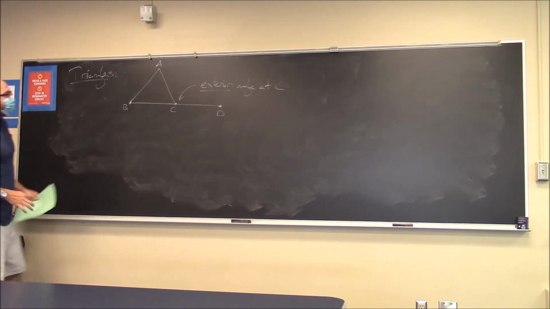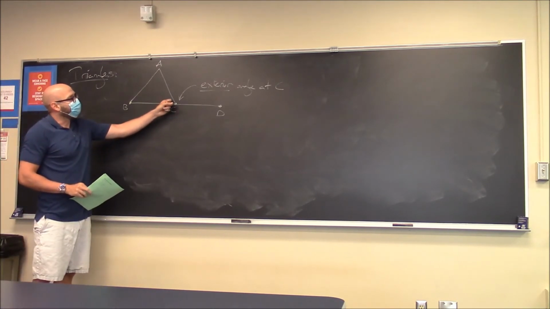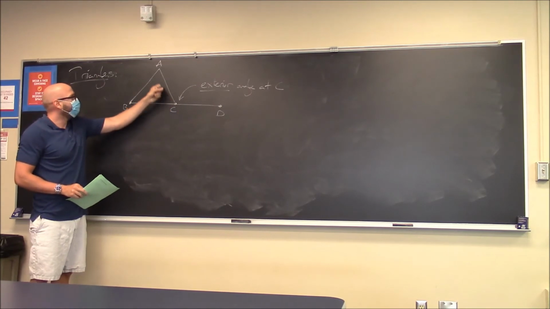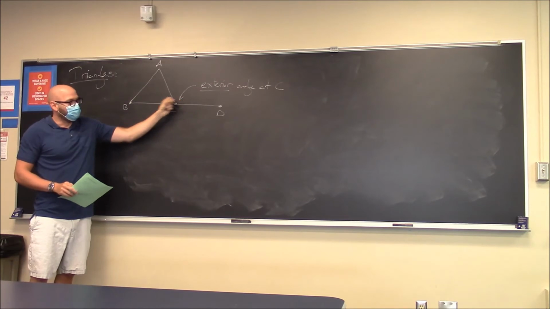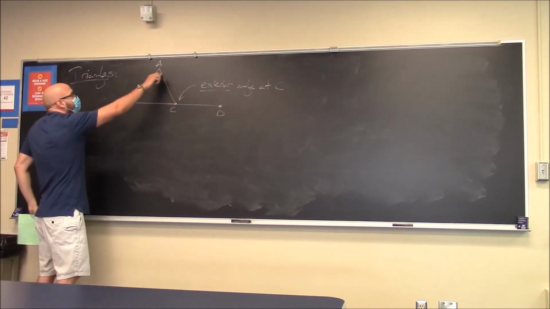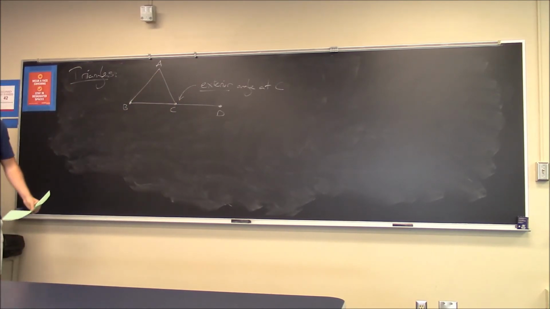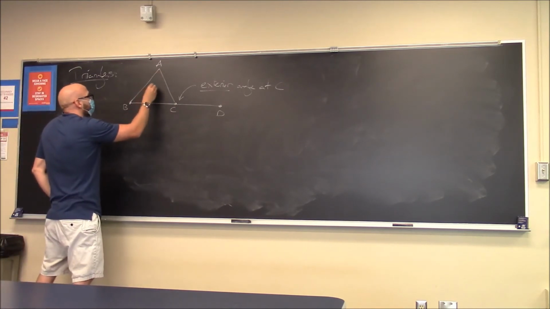Relative to this exterior angle, I've got this angle here that I'm not going to care about right now. Of course, this angle and the exterior angle at C are supplementary, but these other two angles are called the remote interior angles, or the opposite interior angles they're sometimes called.